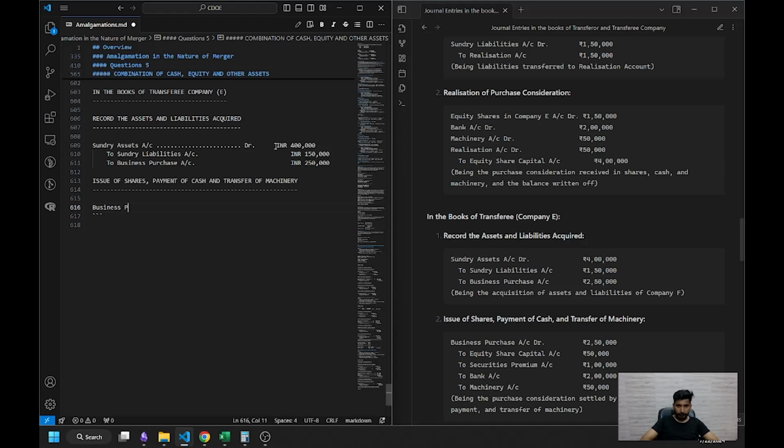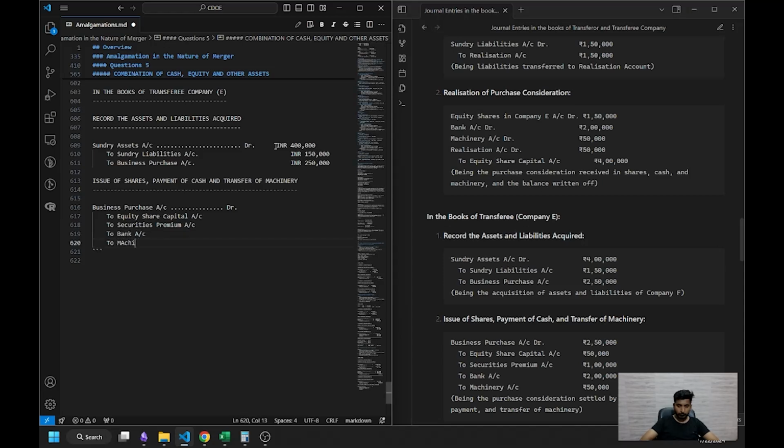That is the business purchase account debit to equity share capital account, to securities premium account, to bank account, and then to the machinery account.